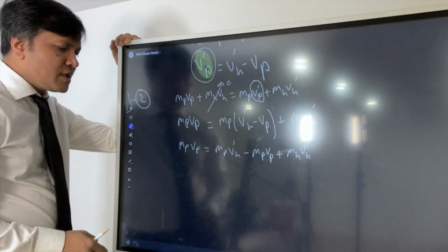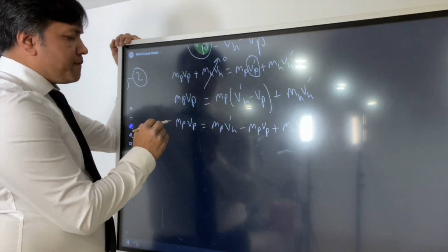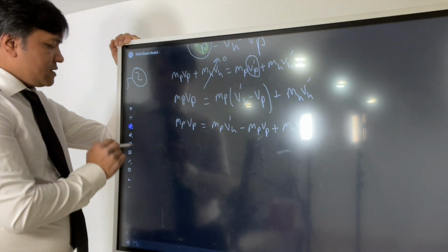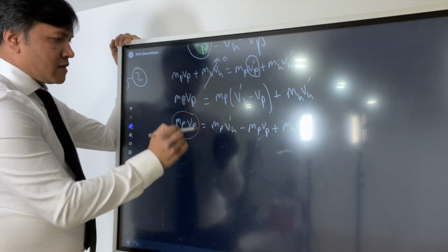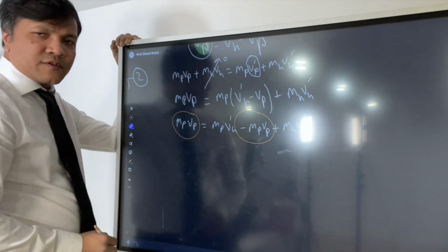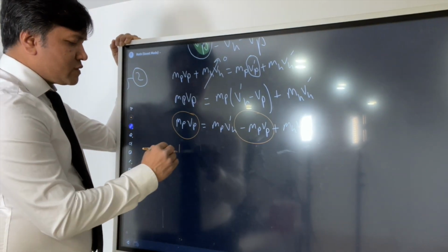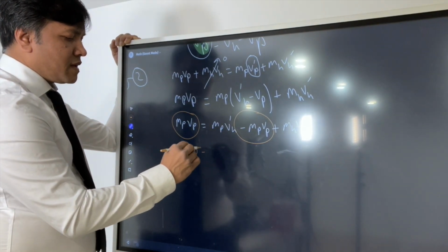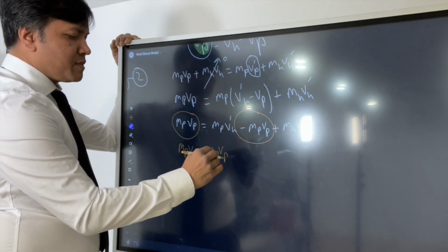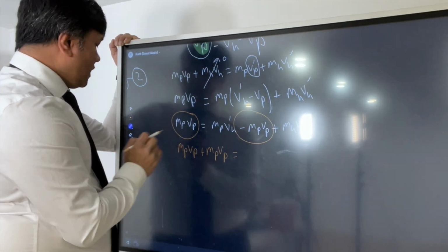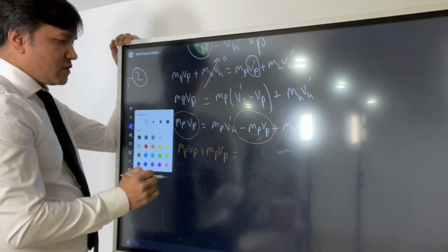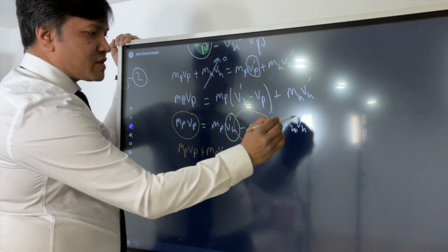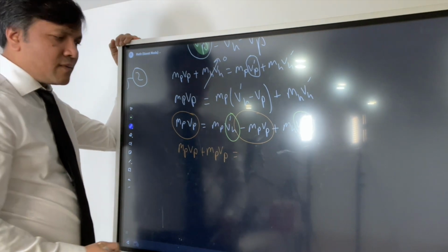So what are you going to do now? As you see, this one and this one are the same, so you're going to bring it to the left side. So MP VP plus MP VP is equal to, you also notice that V prime H and V prime H is the common factor.